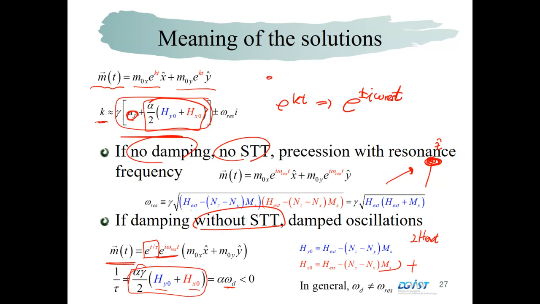We have this form. Here, let's assume the n_y is 0 and n_x is 1. So we have this form.